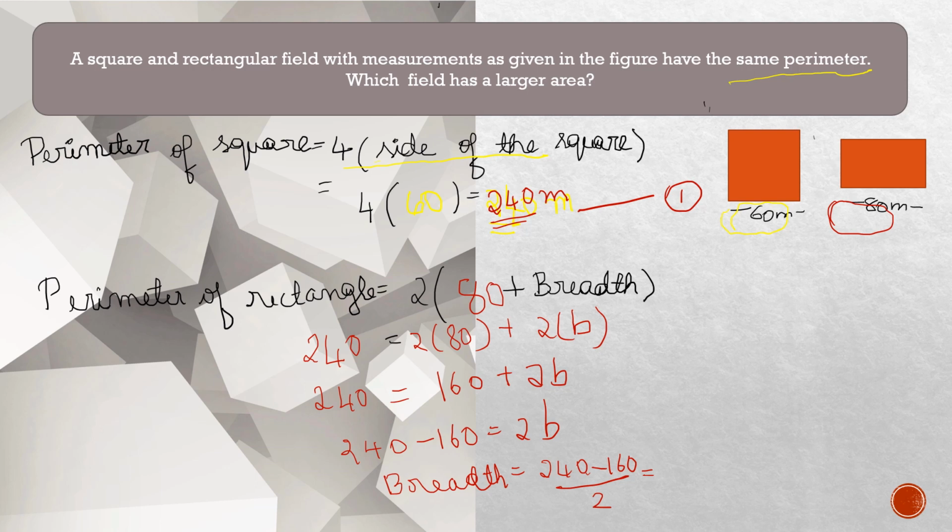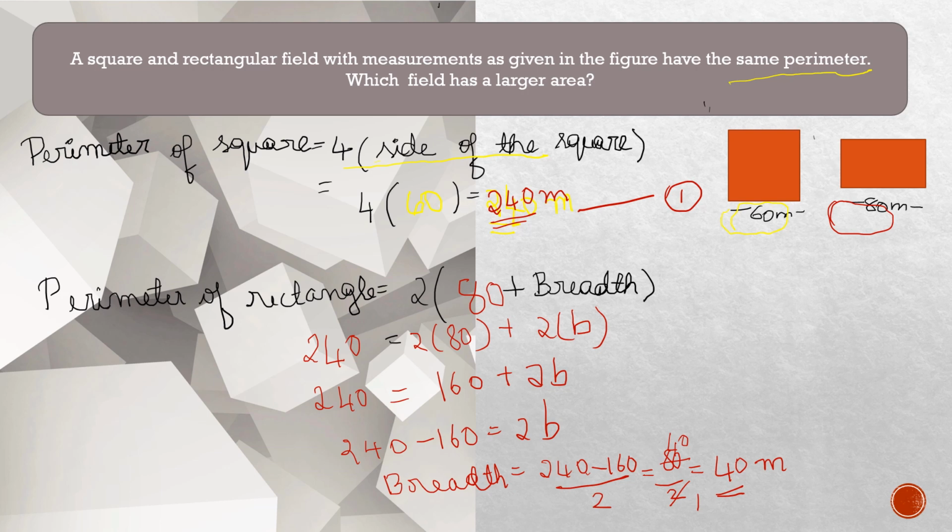Just calculate. 80 by 2, which is 40. Correct? Breadth is equal to 40 meter. We got breadth is equal to 40 meter. Now let's find out area in the next slide.